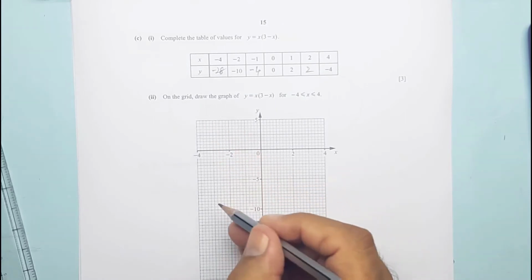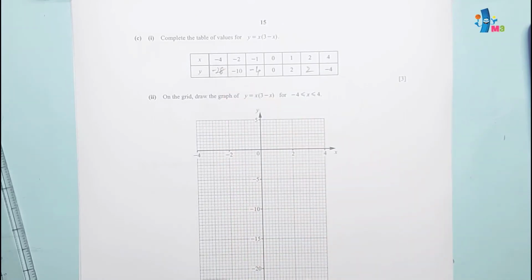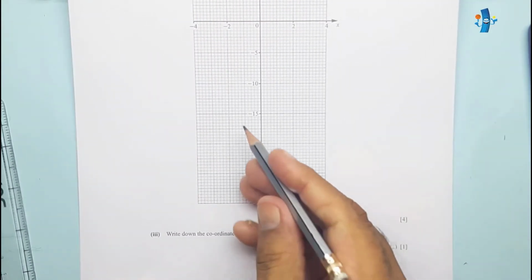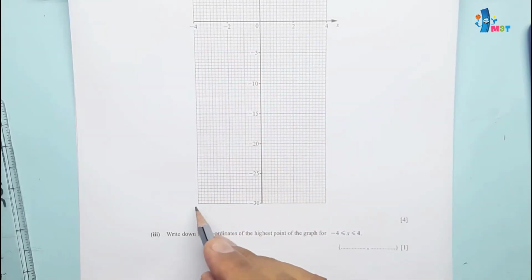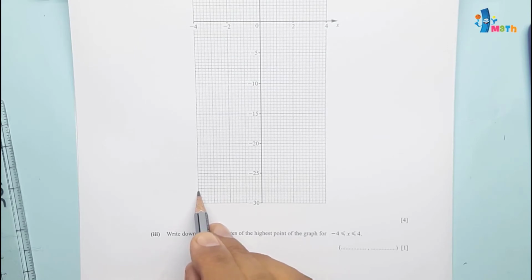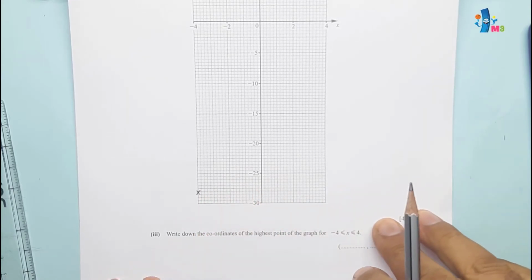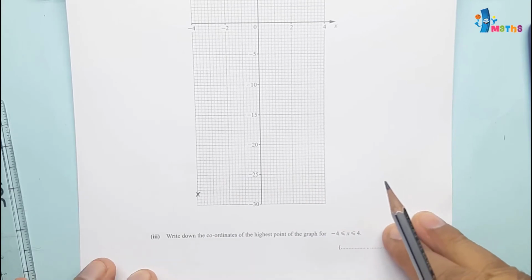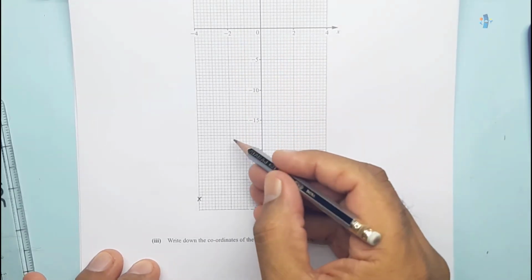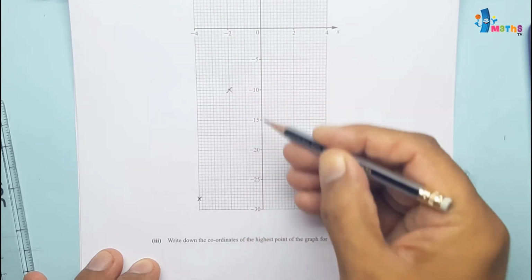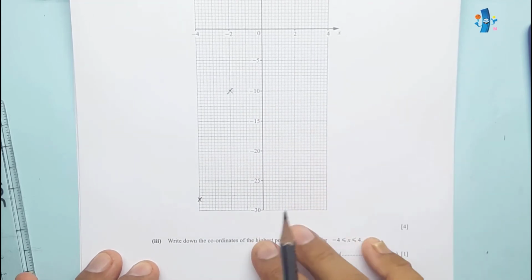Then after that, we'll have to draw from this table. Minus 4 and minus 28. I'll move here. Now you can see minus 4 is this one, and this is 30, so 28 will be over here. We are putting a cross over here. Then the second point is minus 2 and minus 10. Minus 2 is this one, and minus 10 will be this point. Then minus 1 and minus 4.